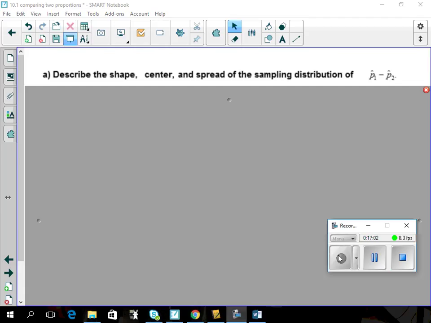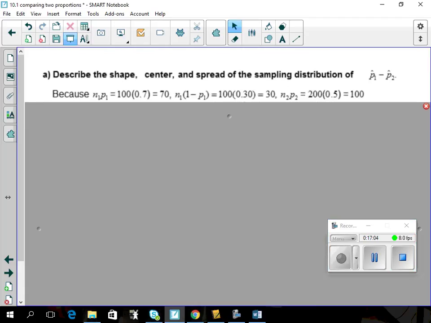Let's see how we did. So we know that the sample size of the first population was 100, right? So 100, and 70% of those 100 people did homework. So we have 70, and then if we do n times 1 minus p, we have 30. Both are greater than 10. Do you agree? So population 1 works.